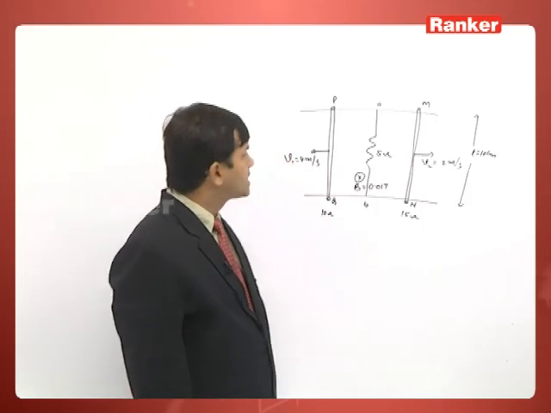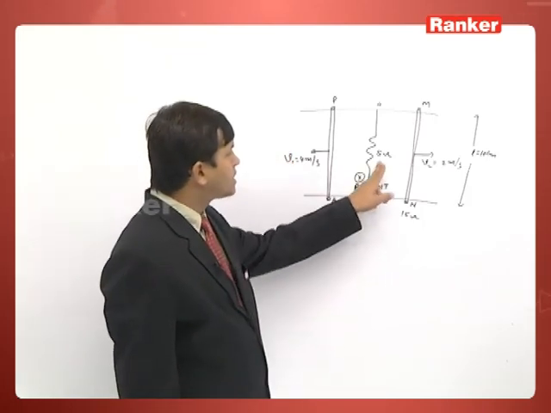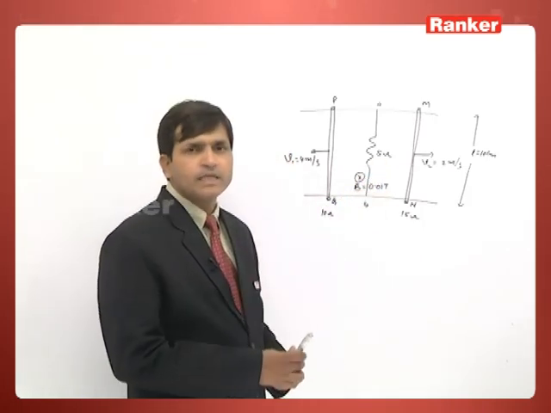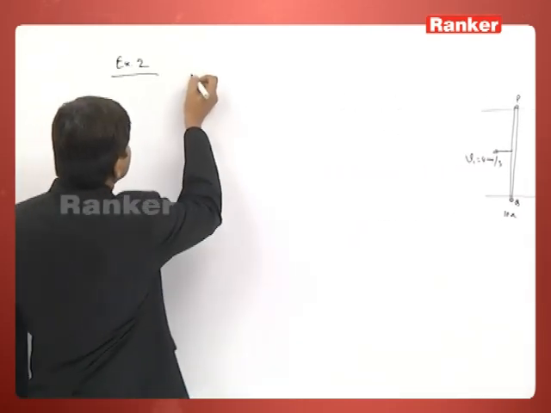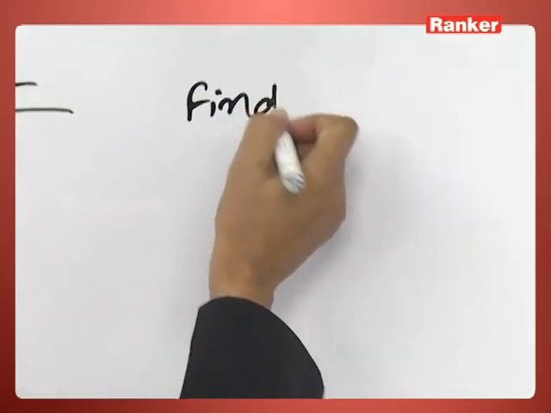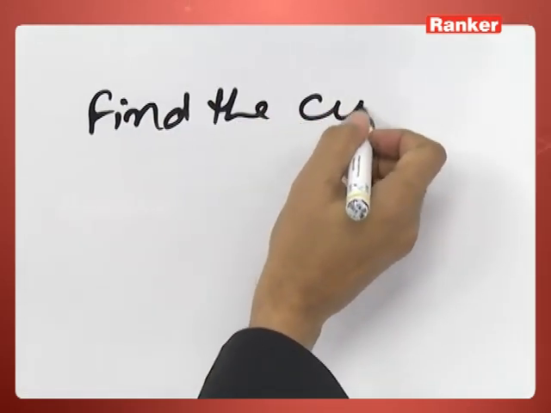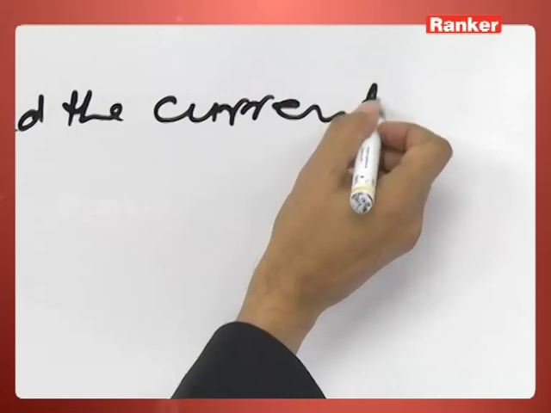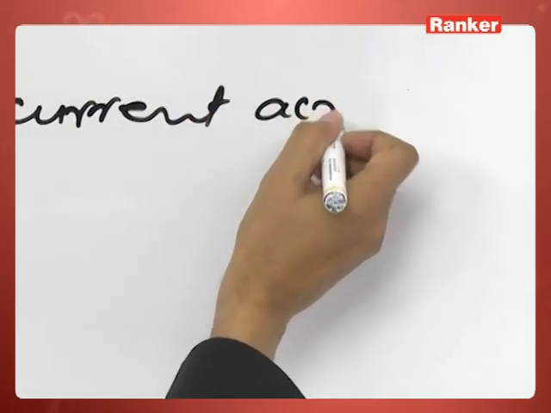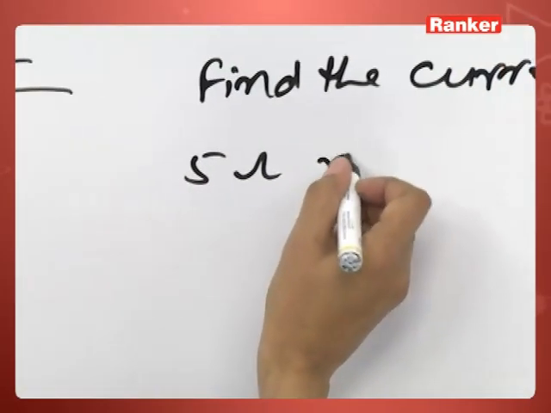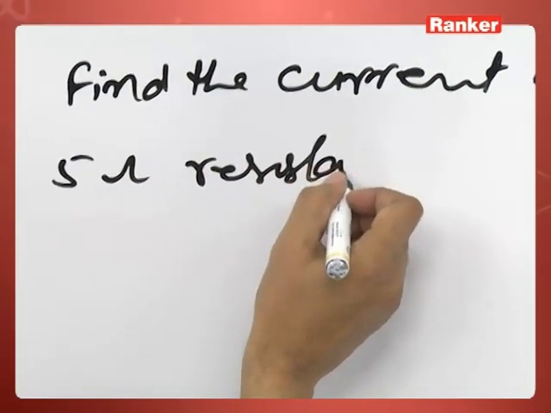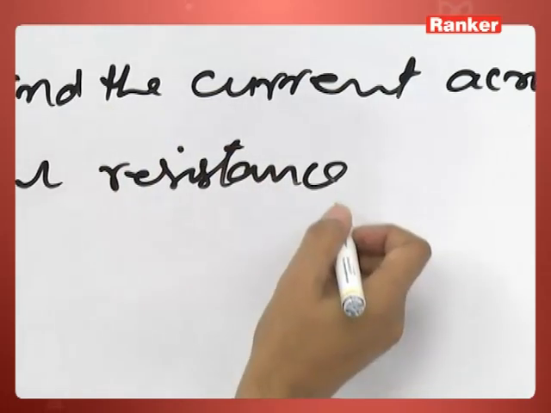Now the question is this: find the current across the 5 ohm resistance. This is the problem here.